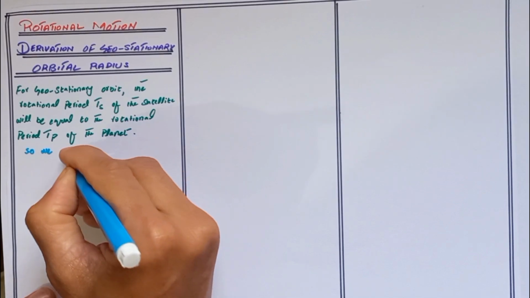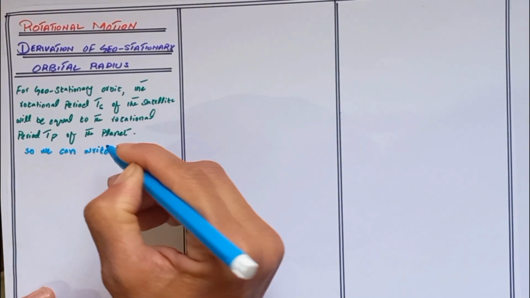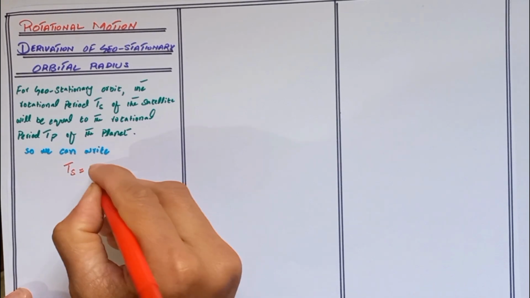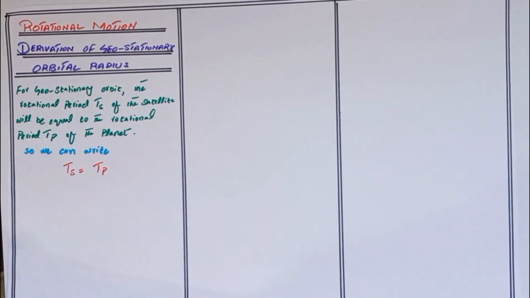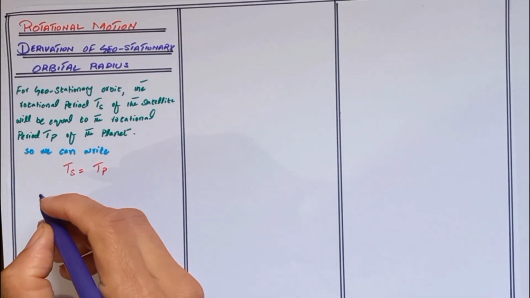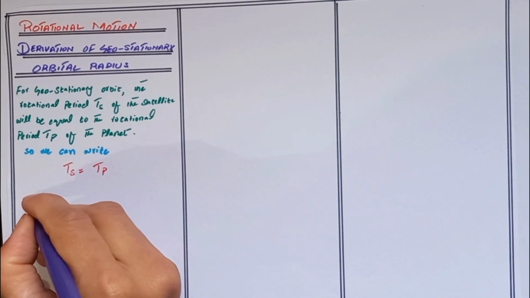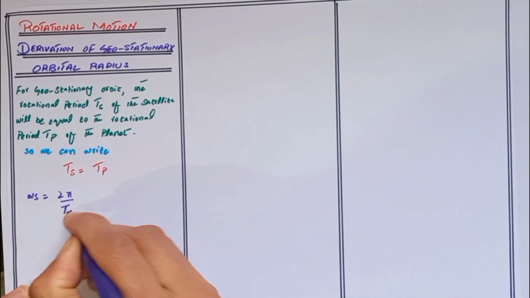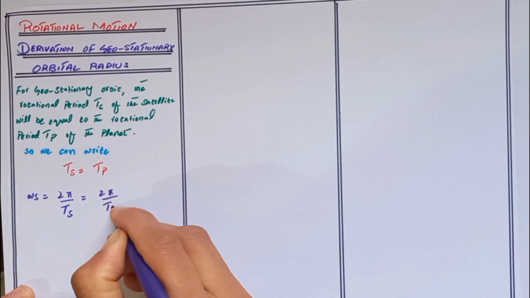So we can write Ts is equal to Tp. Omega s is equal to 2 pi over Ts, which can be written as 2 pi over Tp.